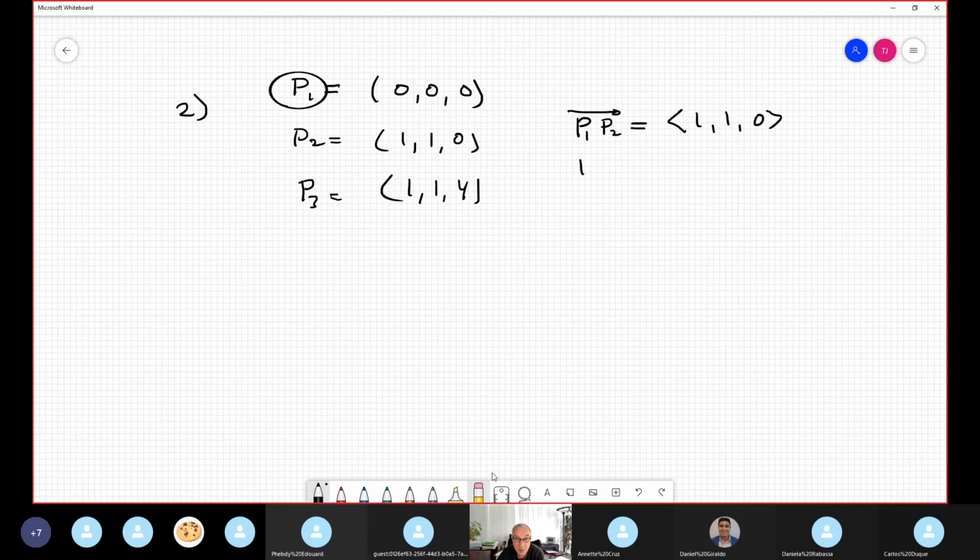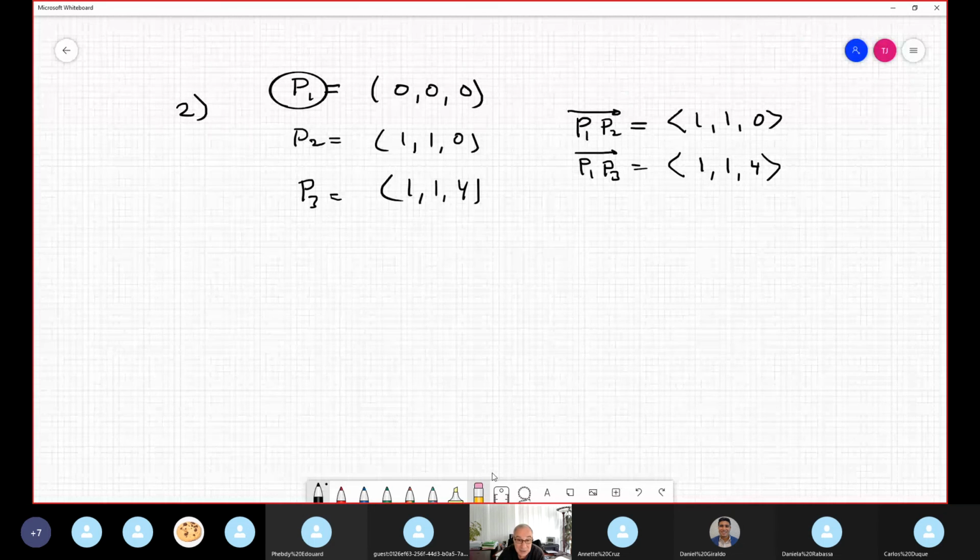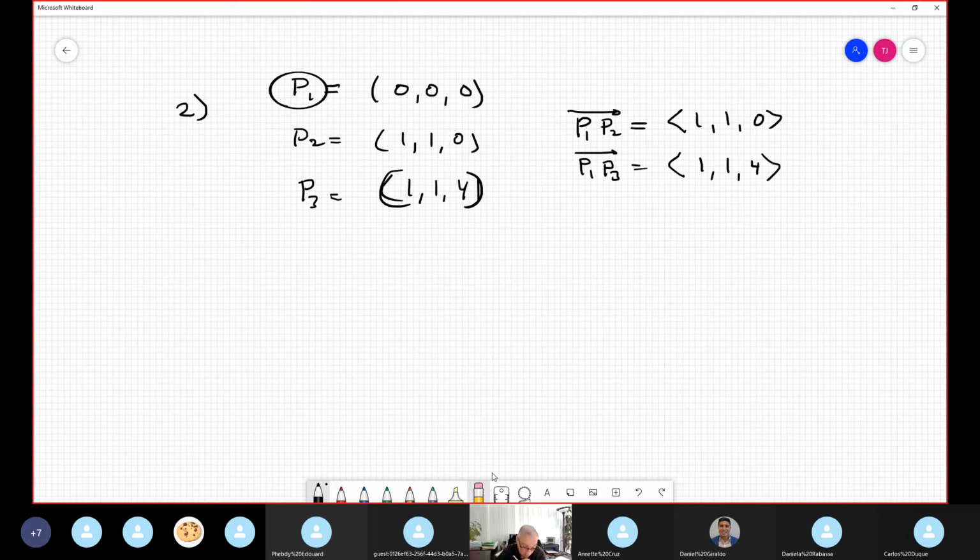And the second vector is P1P3, <1, 1, 4>. This is a point, parenthesis. This is a vector, angular bracket. And then you perform the cross product P1P2 cross P1P3.